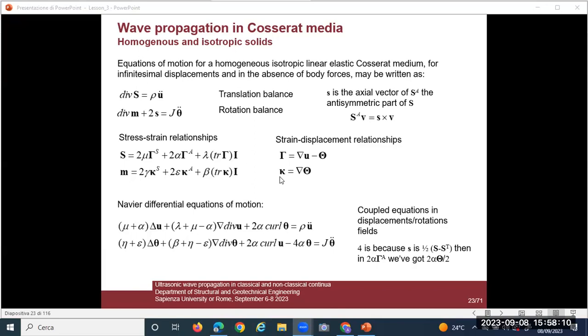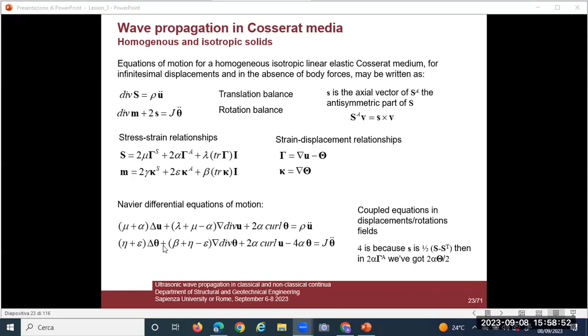If you substitute these stress-strain relationships in the equation of motion, we obtain what I call Navier equations, meaning that these equations of motion are equations where the displacement field appears. Here I mean a generalized displacement field, that is, just displacement field or rotation field. So you see that in this case, you've got a system of coupled equations.